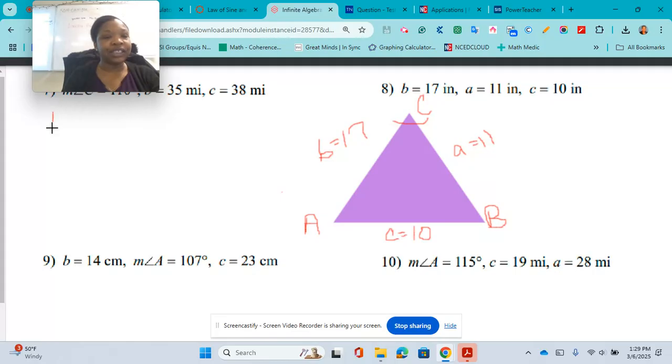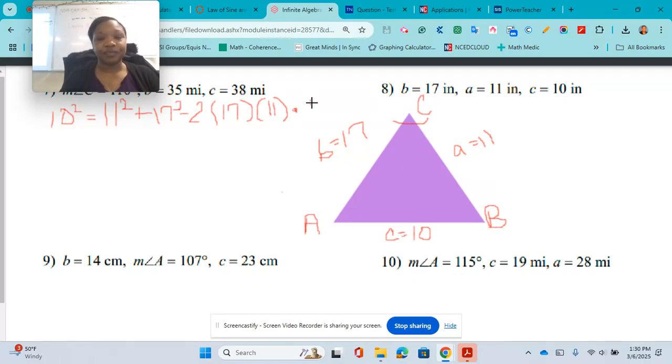The law of cosine, we're going to do 10 squared equals 11 squared plus 17 squared minus 2 times 17 times 11 times cosine of.